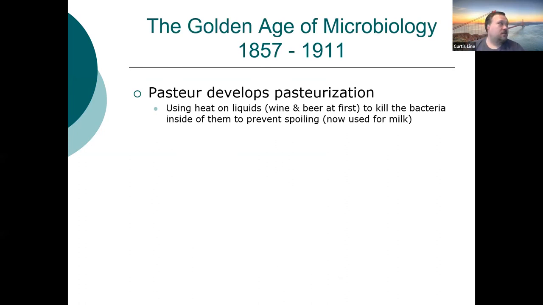Pasteur also developed, well, it's literally named after him, pasteurization. So pasteurization is the process in which liquids are heated at lower temperatures for a longer period of time in order to kill all the bacteria. This was done at first with beer and wine because, of course, a lot of bacteria can also perform alcohol fermentation.